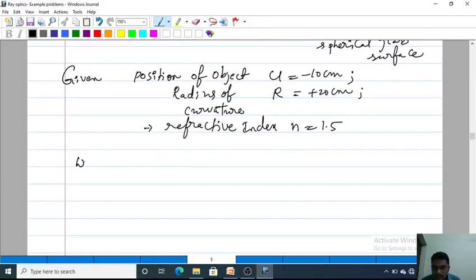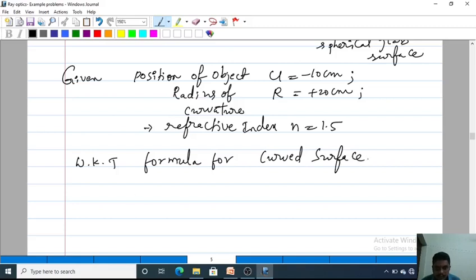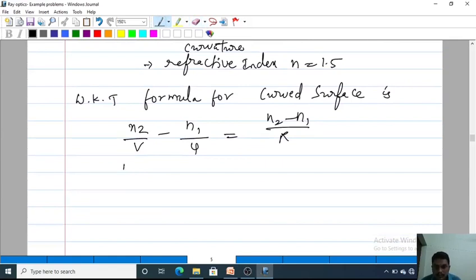We know that the formula for a curved surface is n2 by the image distance minus n1, the refractive index of the first medium, by the object distance, equals n2 minus n1 by R, simply R, not R1, only one refracting surface here. What is n2? n2 is the glass medium refractive index, given as 1.5, n1 is air, refractive index is 1.